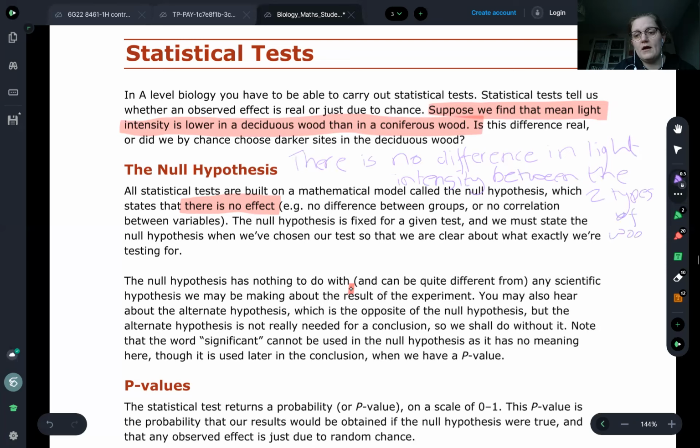And that would be our null hypothesis. You'd obviously use deciduous and coniferous, but I'm not writing all that out at the moment, but you get the idea. There is no difference. That is what your null hypothesis is.